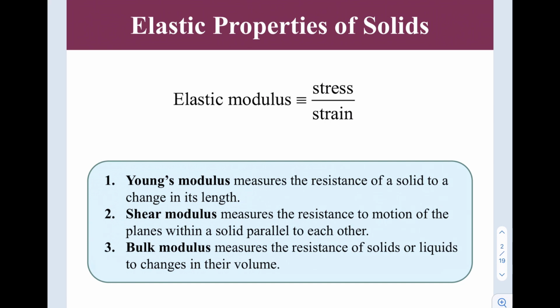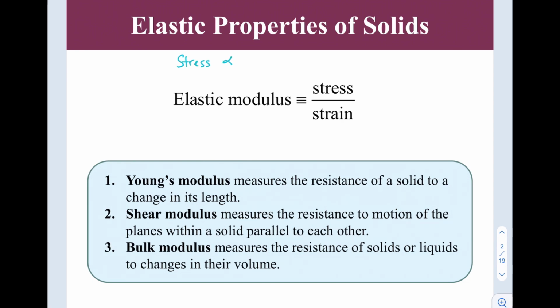So all solids also have elastic properties, but the degree of the elasticity is very small compared to a rubber band, for example, just now. So it depends on the stress applied.